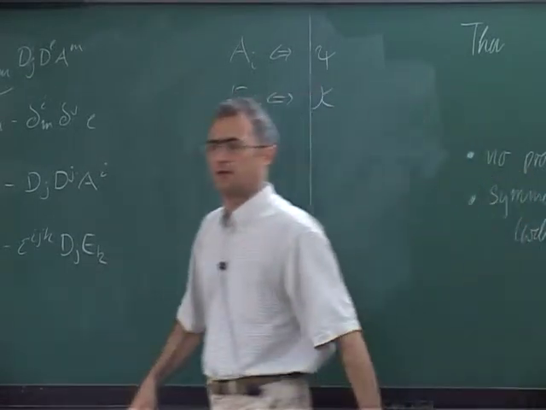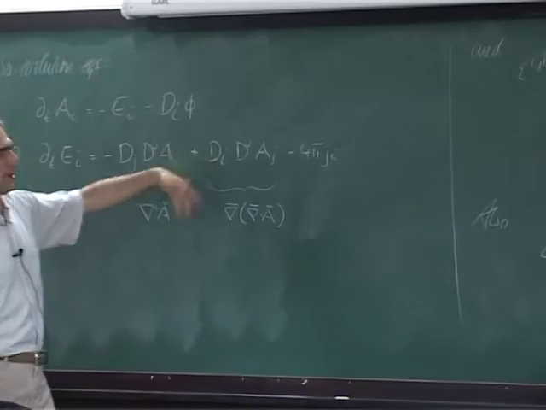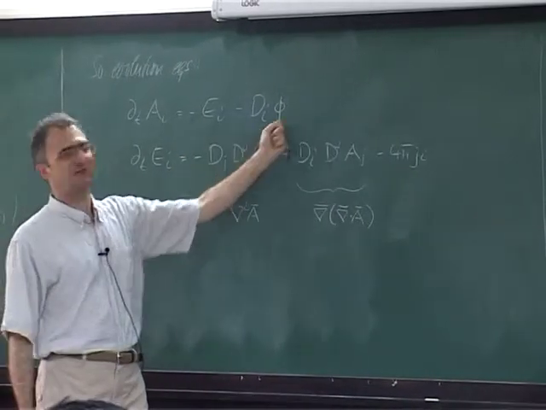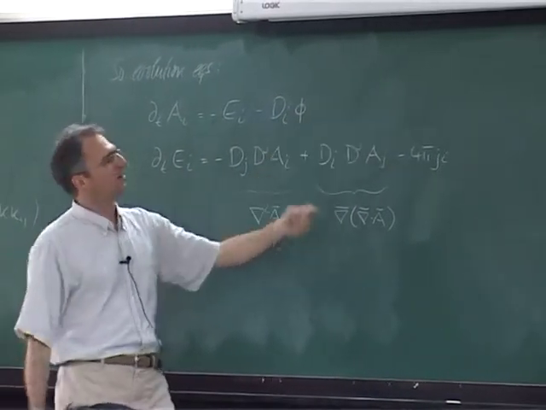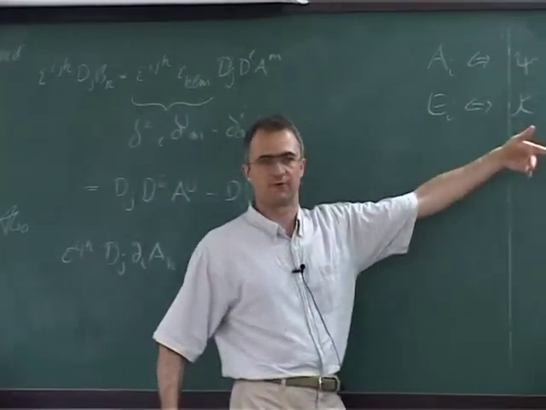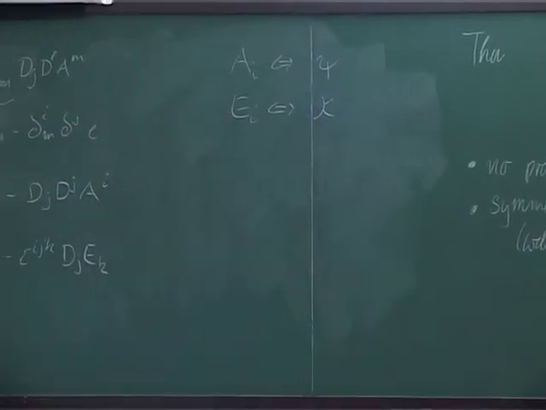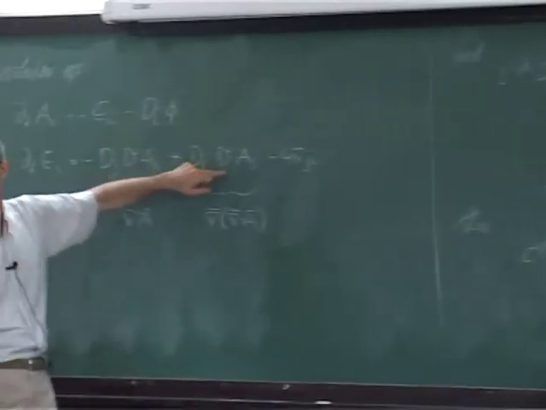Now there's another thing that is different here. One is this gauge freedom that I now have. There's also a matter source, but that's fine because I could have also added the matter source to my scalar wave equation. But the real key thing is this new term.